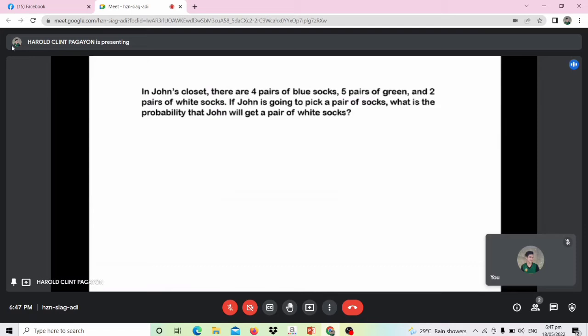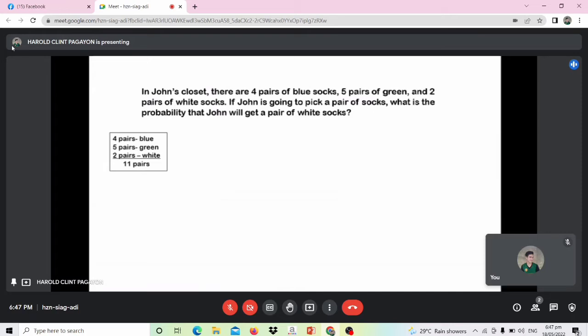Again, what we are going to do is write down the given values. As stated in the problem, we have 4 pairs of black socks, 5 pairs of green socks, and 2 pairs of white socks, a total of 11 pairs.